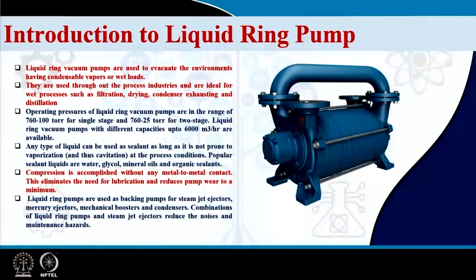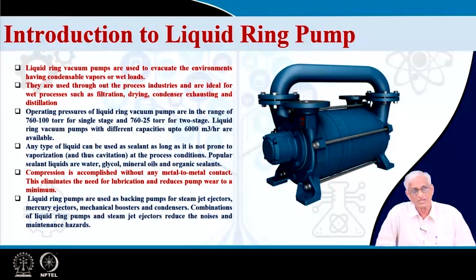A typical single stage pump will produce a vacuum level of the order of 100 torr. A two stage pump connected to the same shaft, of course, like a rotary pump, can produce even 20 torr, 25 torr. Why? Because you are using some liquids for the pumping action.